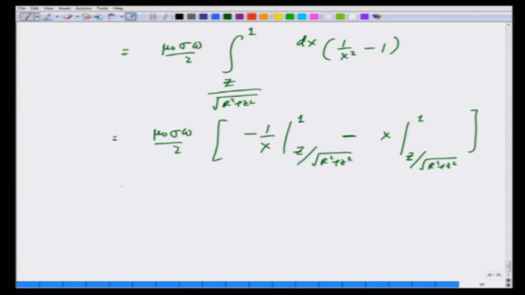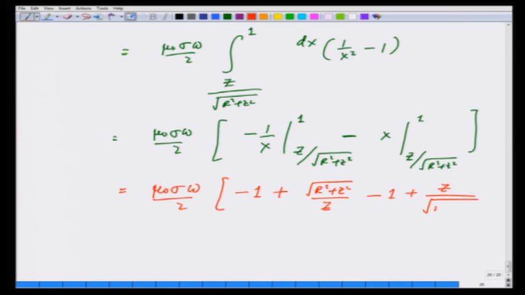And this gives me mu 0 sigma omega by 2 times minus 1 plus square root of r square plus z square over z, minus 1 plus z over square root of r square plus z square.